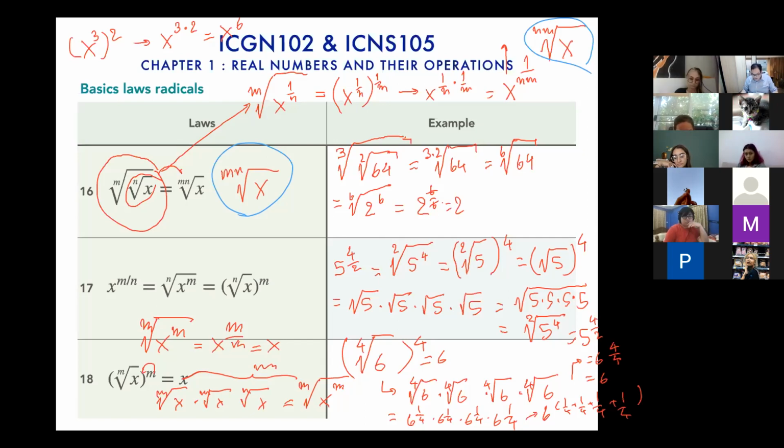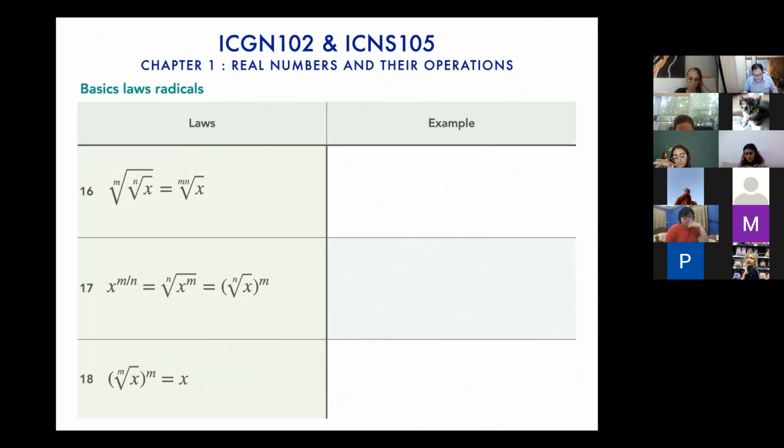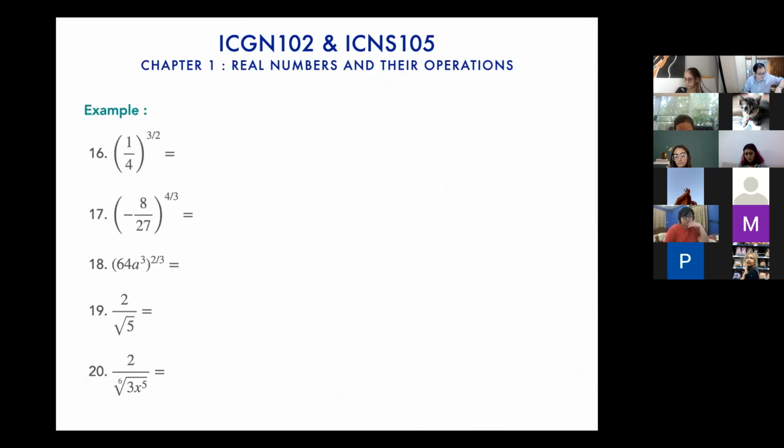Okay, if you don't have any questions, let's move on to the next slide. For the next slide, once again I want you to do it for me. We have 5 questions, question 16 to 20. It's about radicals and exponents in this form.